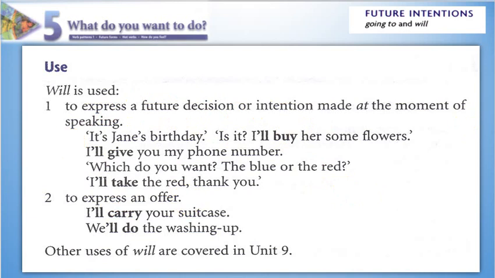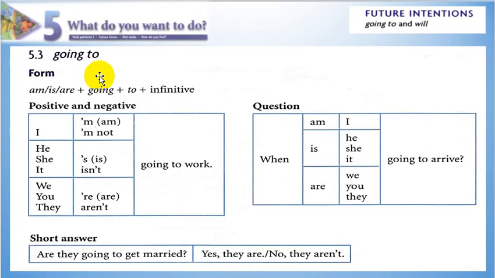Now, we come to the other form, which is going to. كيف نستطيع تكوين جملة مع going to؟ أولا باستخدام verb to be مع I am, he, she, it, is, they, you, we, are, زائد going to plus infinitive. In positive and negative statements, subject pronoun with, we said verb to be, I am, or he is, we are.